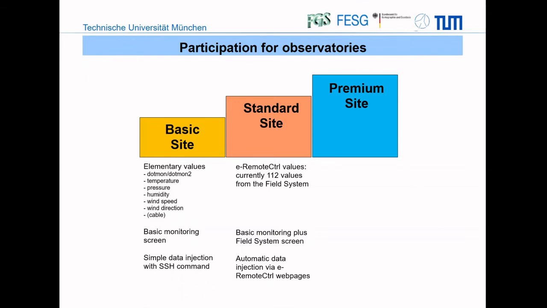And this remote control software can be reduced to just produce these web pages, so that it is more or less a simplified web server. And then you have this basic monitoring plus the field system screen, which means you have all of these possibilities with all of the values.